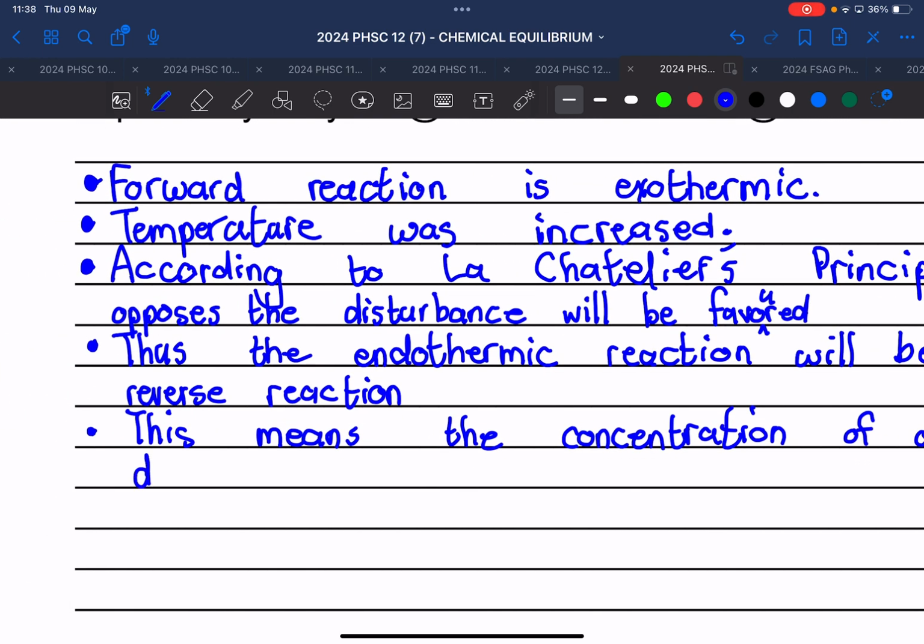I'm so glad, it sounds like you guys understand this. So the concentration of our products will decrease and the Kc value, yes.